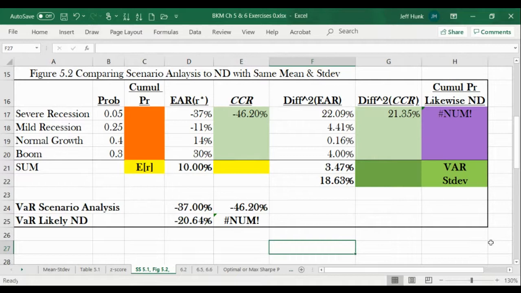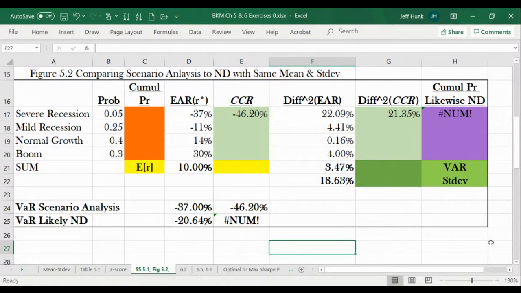And we can check the cumulative probabilities of the likewise normal distribution, right? Likewise means that it has the same mean and the same standard deviation.